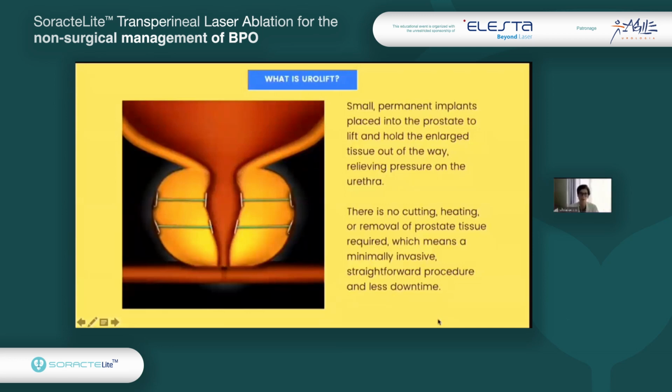Its purpose is to lift and hold the enlarged tissue of the prostate, so we move the prostatic tissue that creates the obstruction out of the urethra. There's no cutting, no heating, and no tissue removal, so it can really be considered a truly minimally invasive technique.